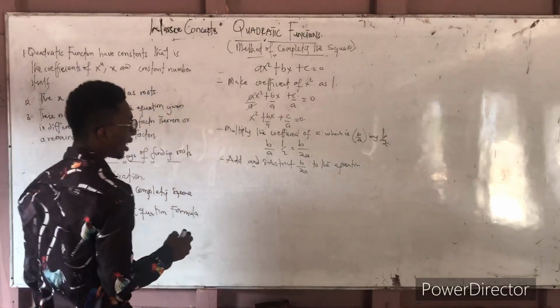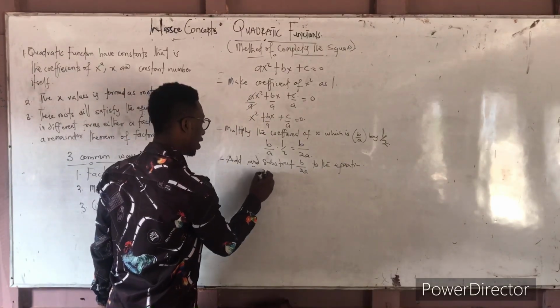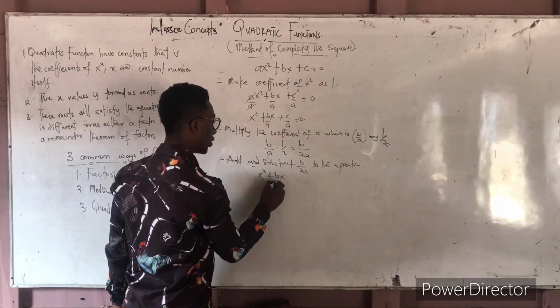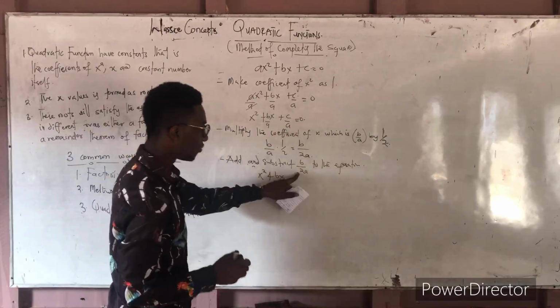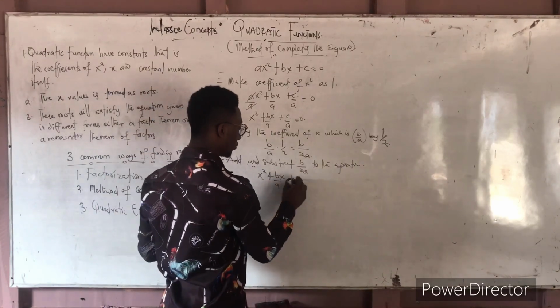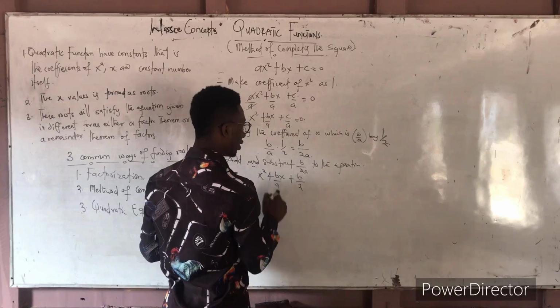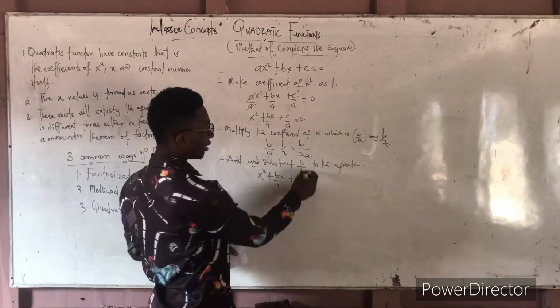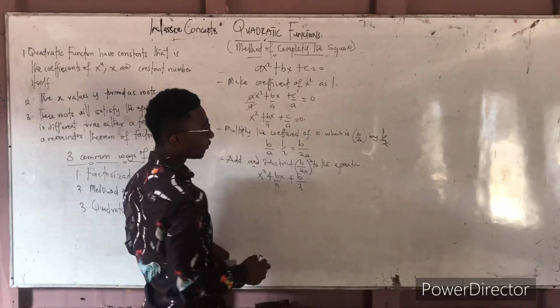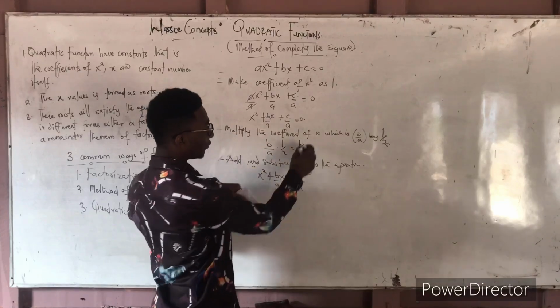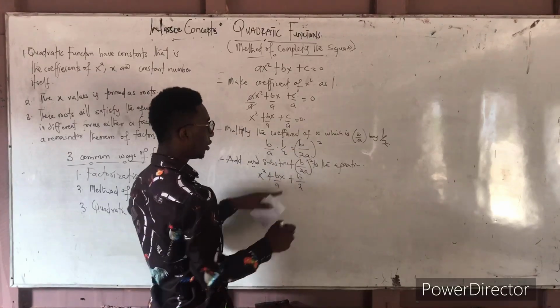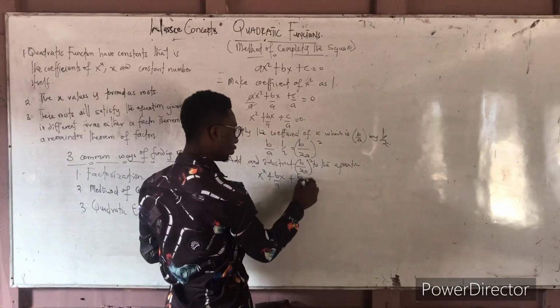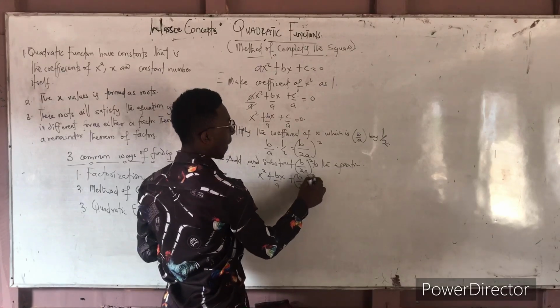So what it means here is that now we can say x squared plus bx on a, plus b on 2a. Sorry, after that you have to square it. So the b on 2a has to be squared. After you multiply it by half, you have to square it. Okay, so when you square it, you get plus b on 2a all squared.